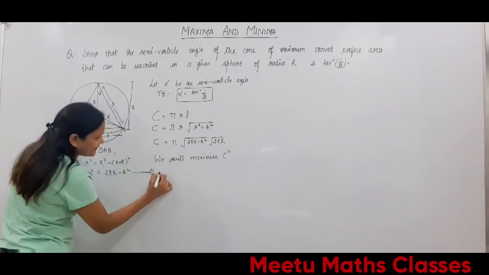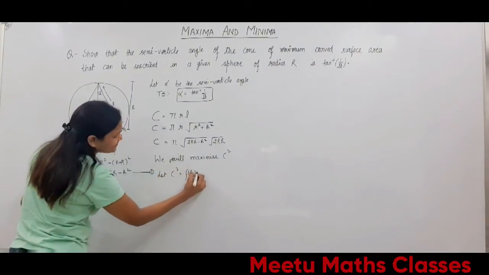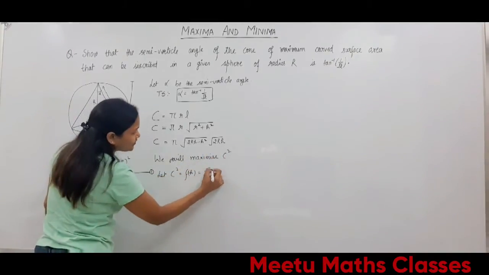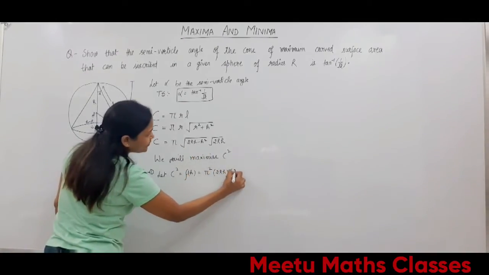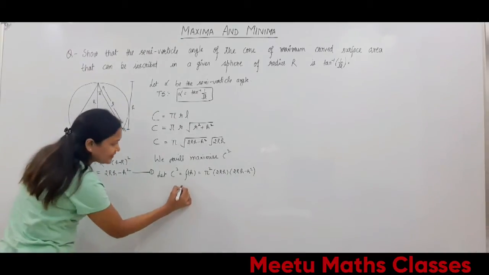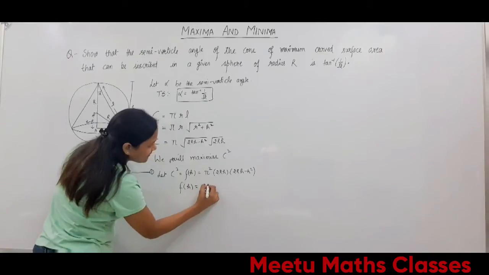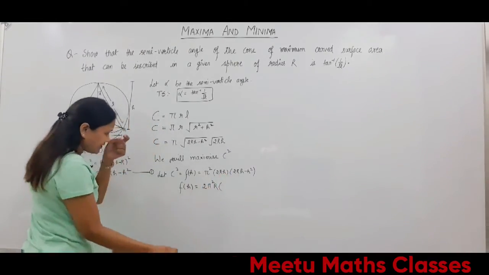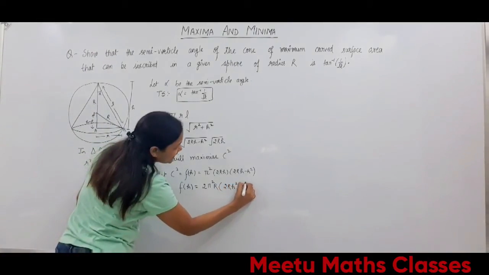So let C square, which is a function of h, be pi square into 2Rh into 2Rh minus h square, or we can write it as 2 pi square R, multiplying h inside, so 2R h square minus h cube.